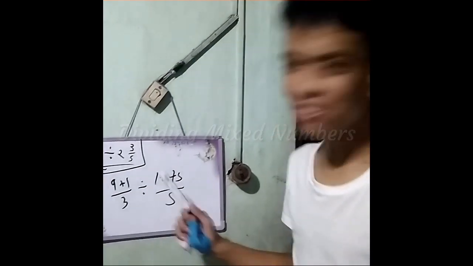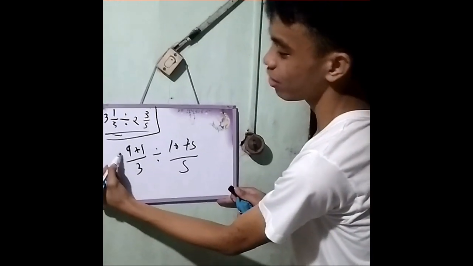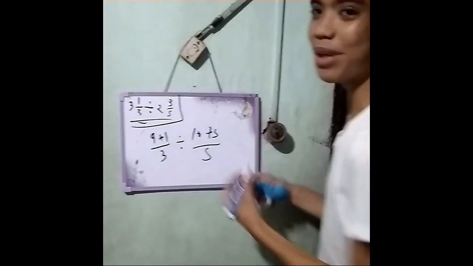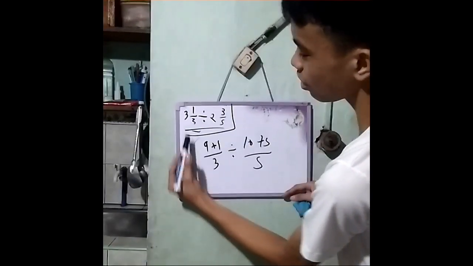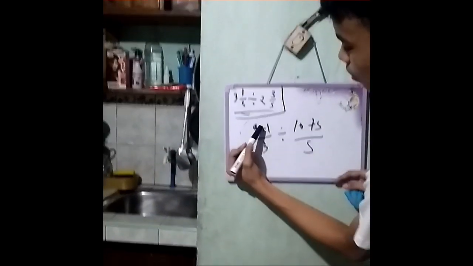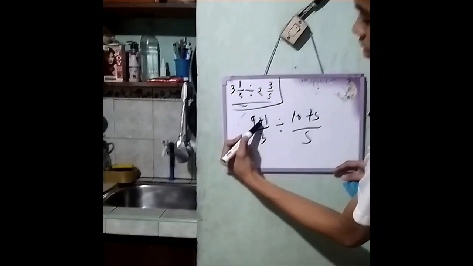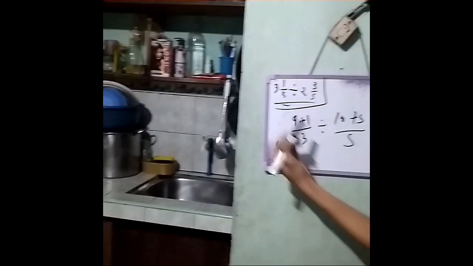So we're going to divide mixed numbers. So ito na yung problem. Kinuha ko na to para mas mabilis yung ating gawain. Nakuha ko yung 3 times 3 is equals to 9 plus 1, being added by the numerator, so ganun din yung kabila.